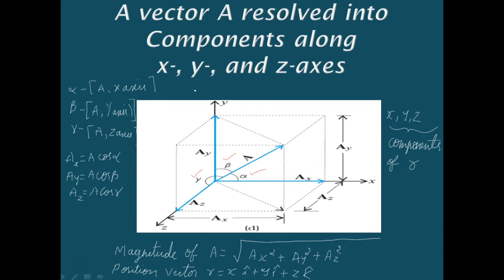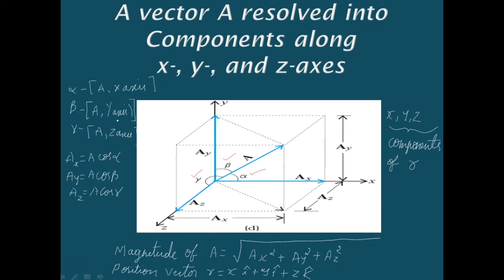So if you want to resolve a vector in 3 dimensions, or if it is a 3-dimensional vector, then vector A can be resolved along the x-axis, y-axis and z-axis, and we can consider the angles alpha, beta and gamma, where alpha is the angle between vector A and the x-axis, beta is the angle between vector A and the y-axis, and gamma is the angle between A and the z-axis.